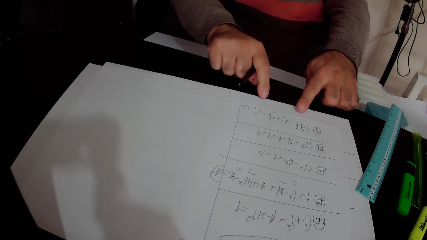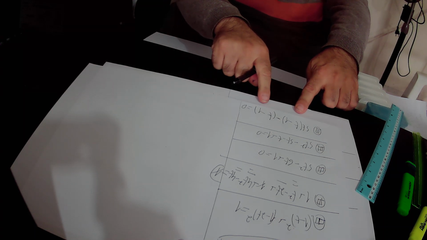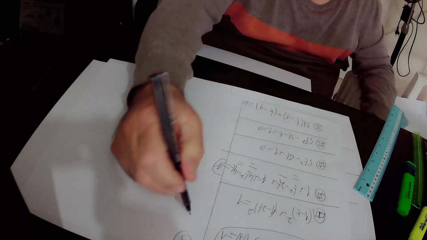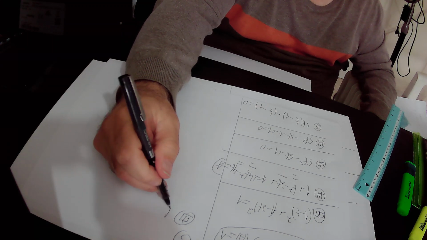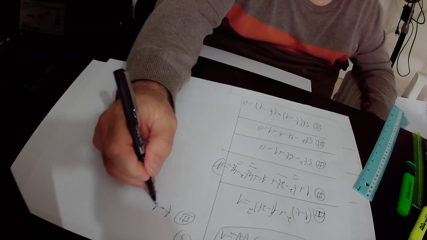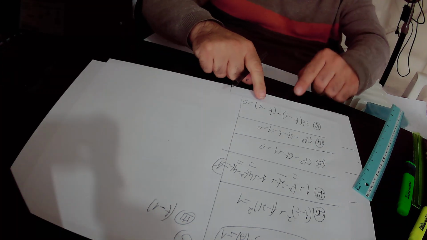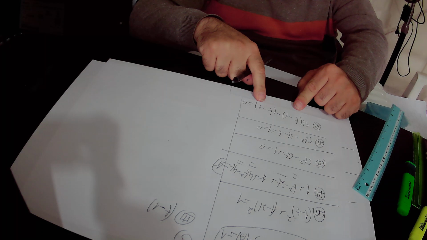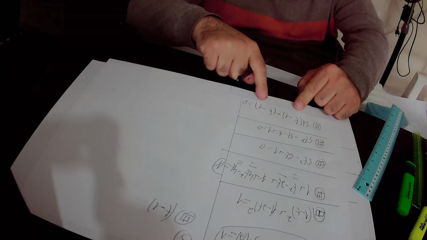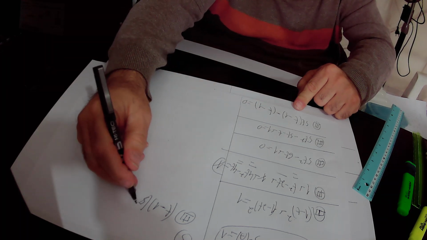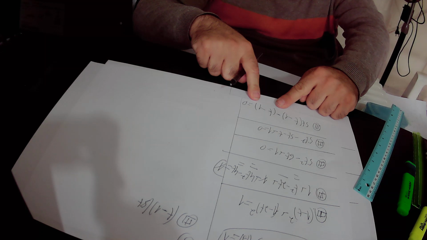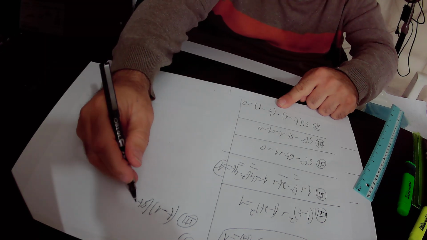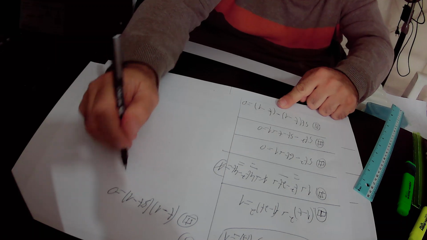In the next step, we take out t minus 1 as a common factor from those two expressions. What is left from 5t times (t minus 1) after we took t minus 1 as a common factor is 5t, and what is left from minus (t minus 1) is minus 1, and it is equal to 0.